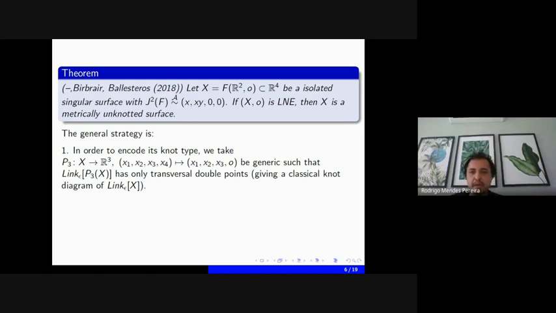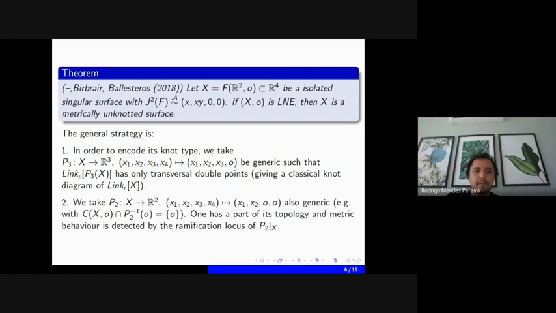You can check what happens with the topology, with the knot; you can check the diagram, and you have partial information about the knot. And also you consider the projection to the plane in a generic way.